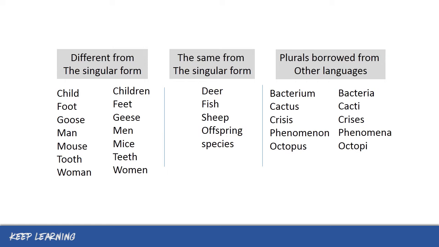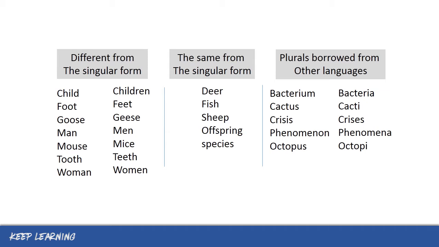Now, there are some other plurals that come from other languages. Basically, they come from Latin, and they use the same criteria that you had in Latin. So it's 1 bacterium and a lot of bacteria.